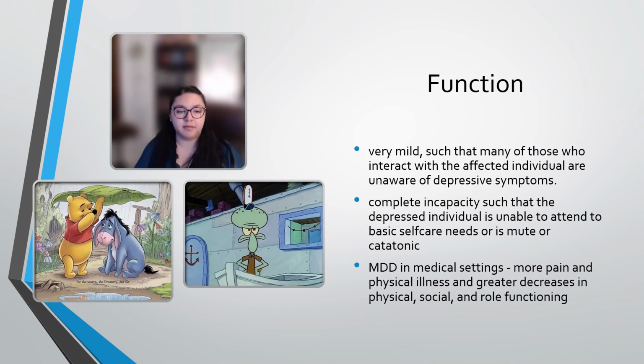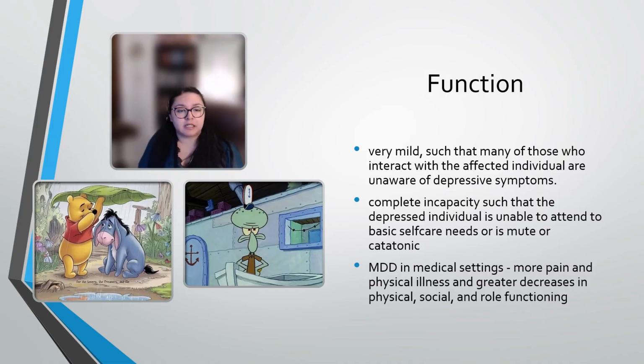How does MDD affect function for the disorder? So here we have two images. Here we have our characters back, and here's an example. Squidward's at work, and then we have Eeyore who's getting help from his friend to be protected from the rain. So you may have a variation of disorders where it's very mild, such that affected individuals are unaware of the depression symptoms at all.